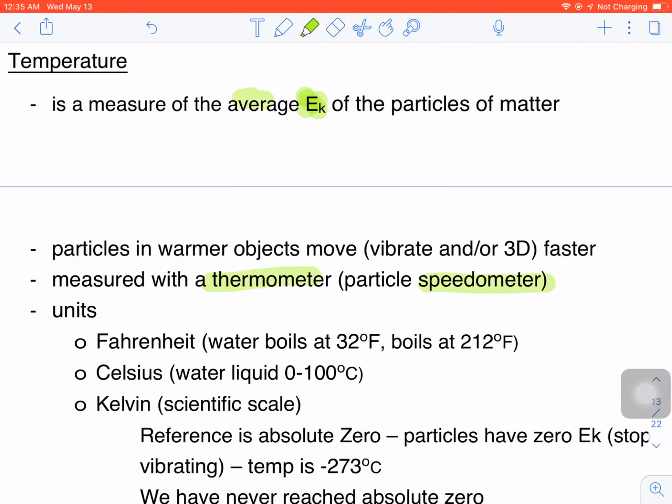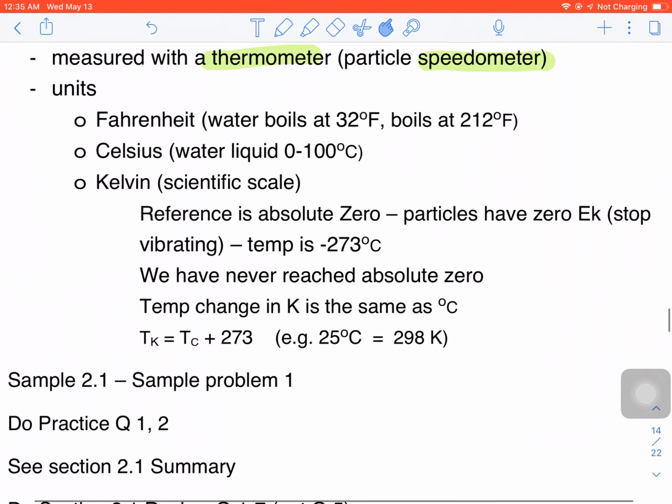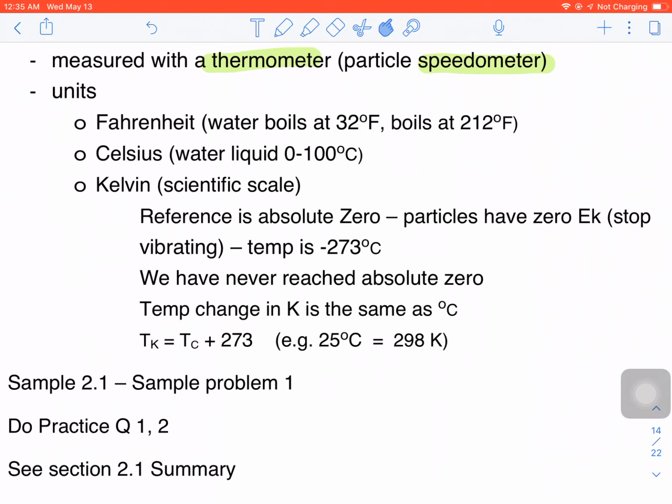Now, to be able to be useful, chemists, physicists, scientists came up with scales, different scales over the years, to look at how much temperature relates to the states of matter and or the amount of energy that's being added. And a number of people have come up with different scales.